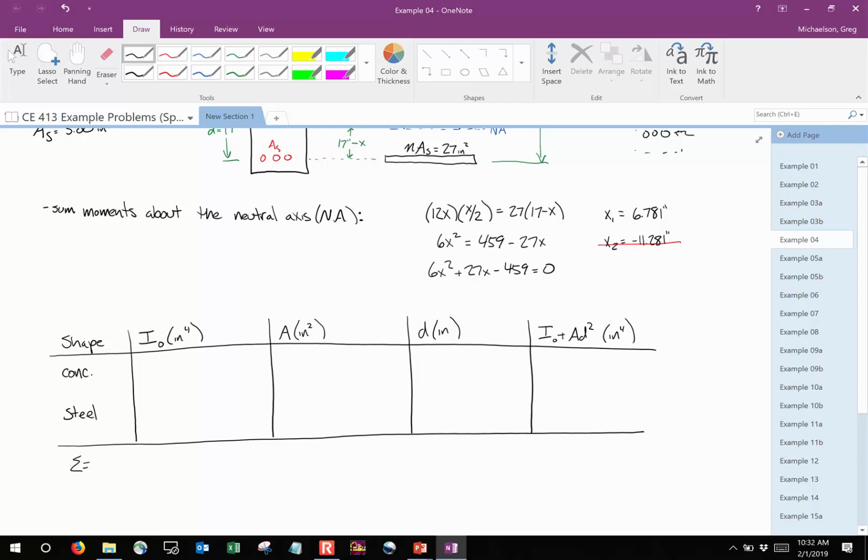Now, I'm going to take the concrete and do it all, and then the steel and do it all. So we're going to take each row one at a time.